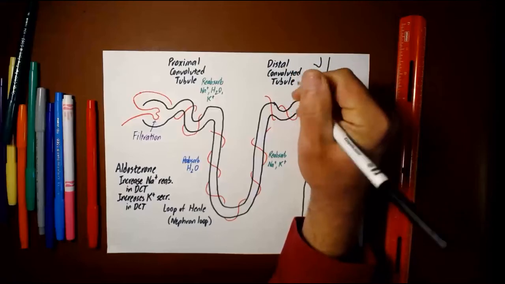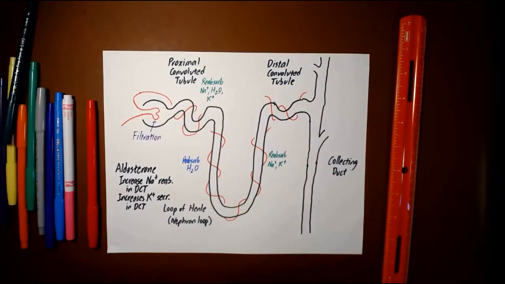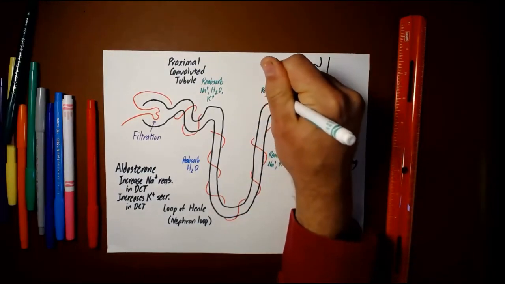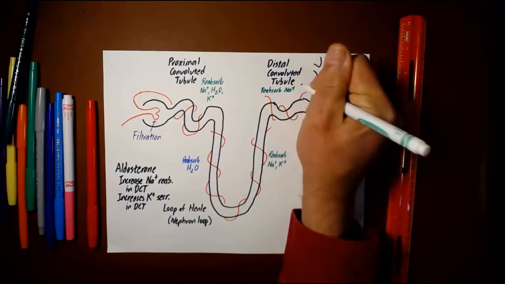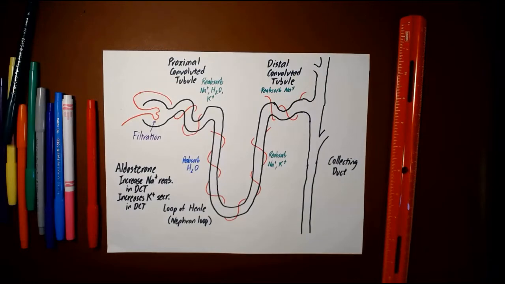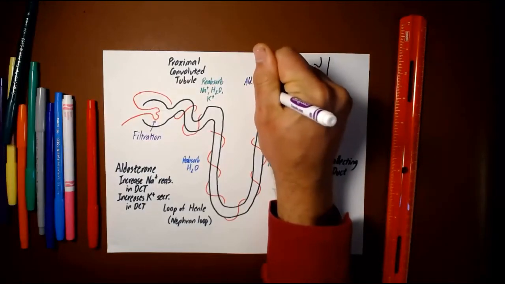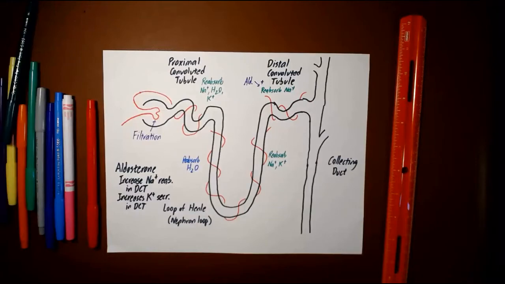So under the influence of aldosterone, we will reabsorb more sodium here in the distal convoluted tubule. So we're going to reabsorb sodium, and aldosterone will add to that. We'll say aldosterone increases reabsorption of sodium.